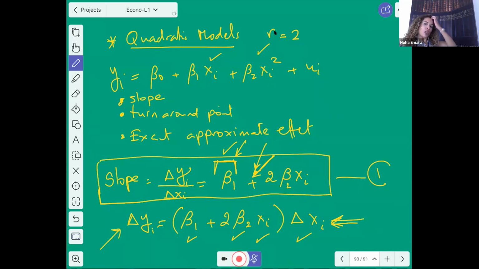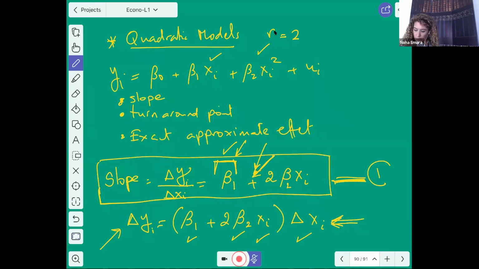What is the change in y for a small change in x? Whenever I'm using this formula, which is computed from the first derivative, it is all about small changes in x. It could be by 1 unit, let's say as the person gets older by 1 year, or as I increase the distance by 1 mile. It's always just 1 unit.